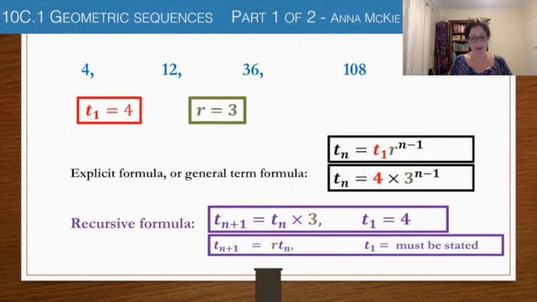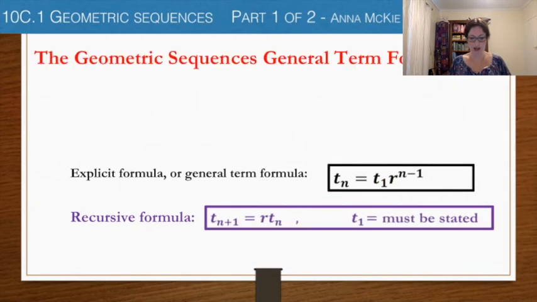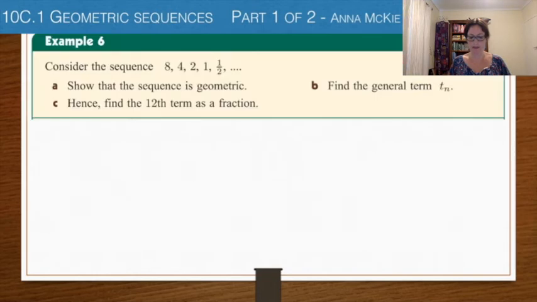When we use the recursive formula, we must state that initial term of 4, and you'll notice that the R, that common ratio, factors into the formula here. I guess as the coefficient of the nth term. Right. Was there anything else there that I needed? No. So they're the two definitions here.